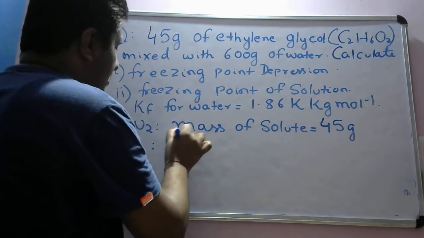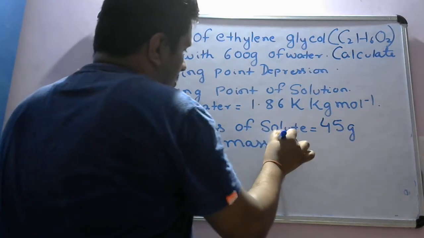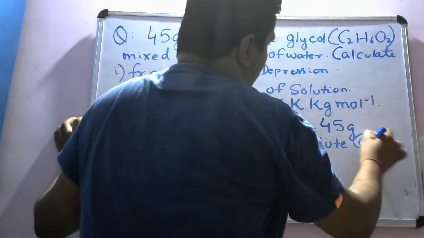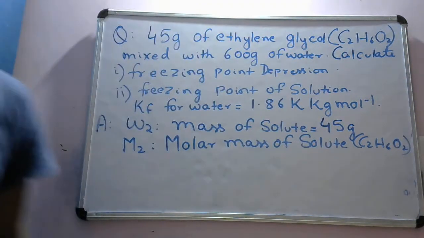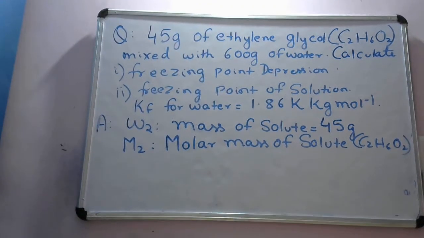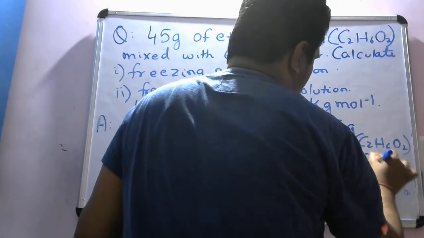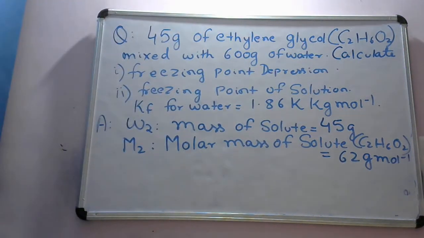We can calculate it from the molecular formula C2H6O2. When we calculate the molecular mass by addition of atomic masses, we get 62 grams per mole.